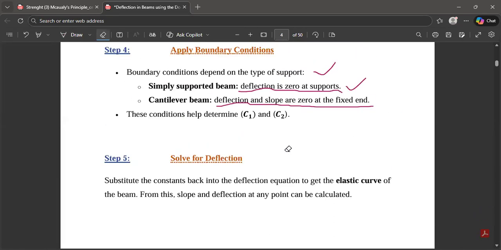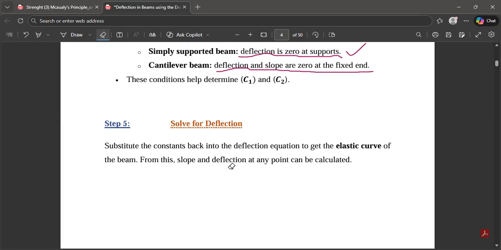So in our step five, we say that we solve for deflection. That is, we substitute the constant back into the deflection equation to get the elastic curve of the beam. From this, slope and deflection at any point can be calculated.